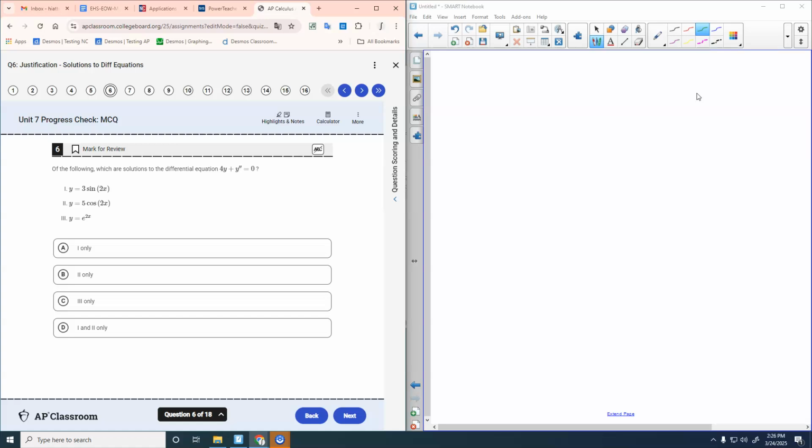So what you're looking for is an answer that makes that equation true. If I look at 1 first, we did these long ago. y is 3 sine of 2x. Now, I don't need y prime, but I've got to find it to be able to find y double prime. When I take the derivative of sine, I get cosine.